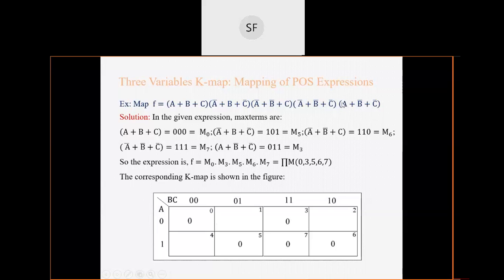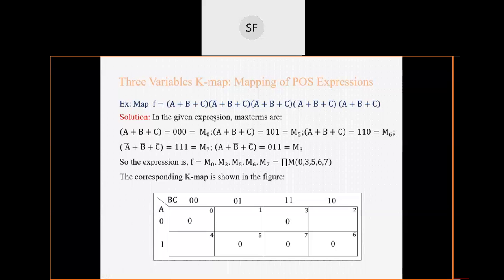Now whenever such type of function is represented in this type of form, then two things you should understand, that this is a 3 variable function. You can observe a, b, c are nothing but 3 variables used here, and again it is in standard POS form, right?